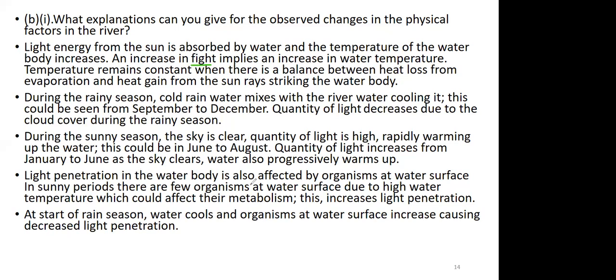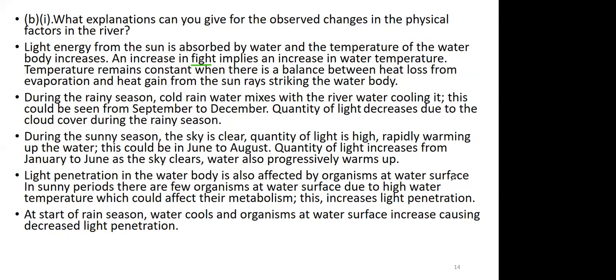Then light penetration in the water body is affected by organisms at the water surface. Here we have the phytoplankton and the algae. So in sunny periods, there are fewer organisms at the water surface due to high water temperatures, which somehow affects their metabolism.